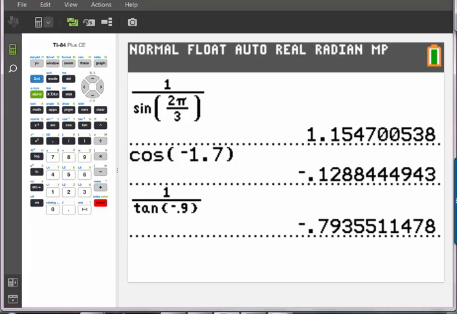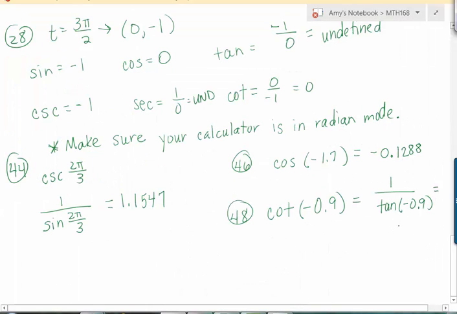Negative 0.7935, and then you're going to round that.